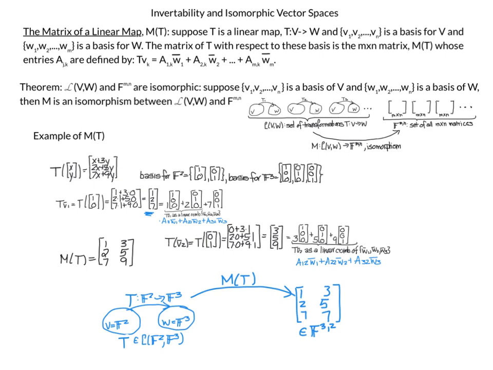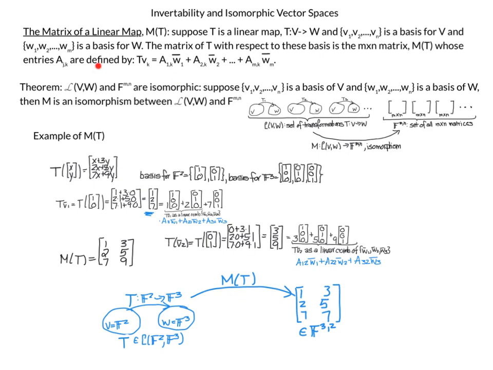And what we're saying is that our mapping M of T will map this transformation T that we have defined here to this matrix here. There are other linear maps, and other matrices that M will map to. It'll map another transformation to some other matrix.